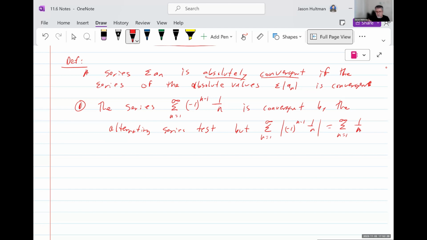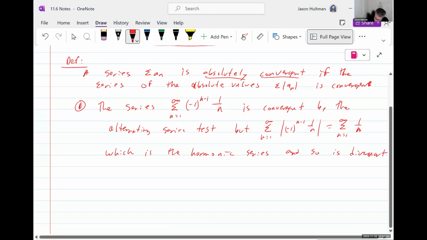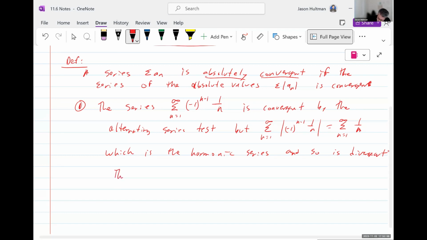Okay, by absolute valuing every single term, we get rid of the alternating part, which we know is the harmonic series, and so is divergent. Thus the series is not absolutely convergent.